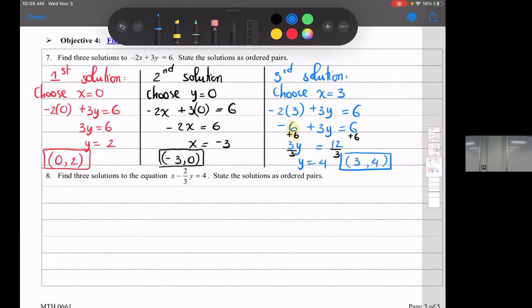At the end, I want you to write it as a point. Say something like parentheses, something comma something.